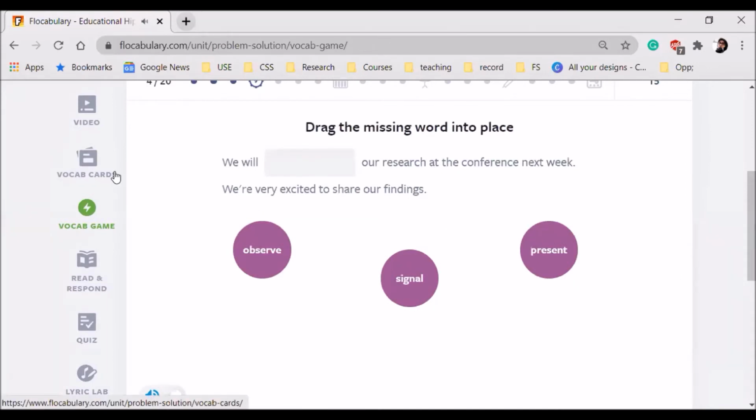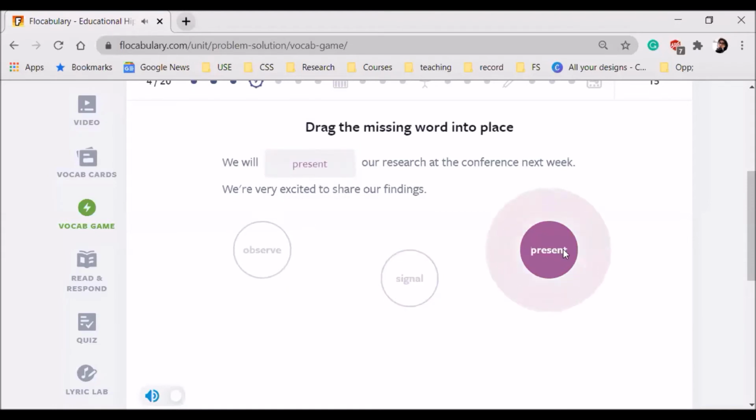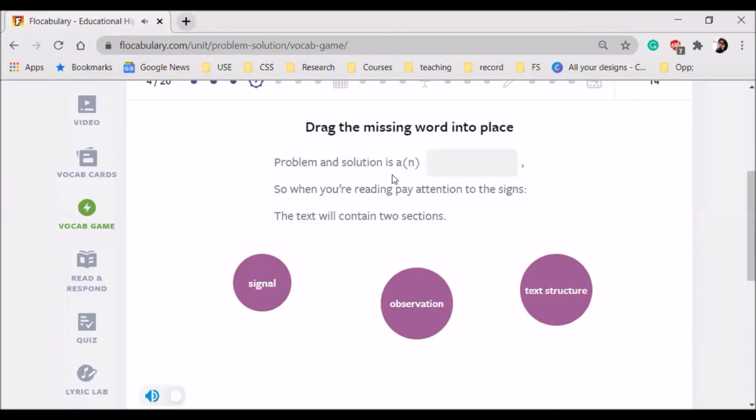We will observe. What's wrong? We would present. Okay. Fine. Problem and solution is a text structure. So when you are reading, pay attention to the signs. The science text contains two sections. Text structure. Observation, ma'am.